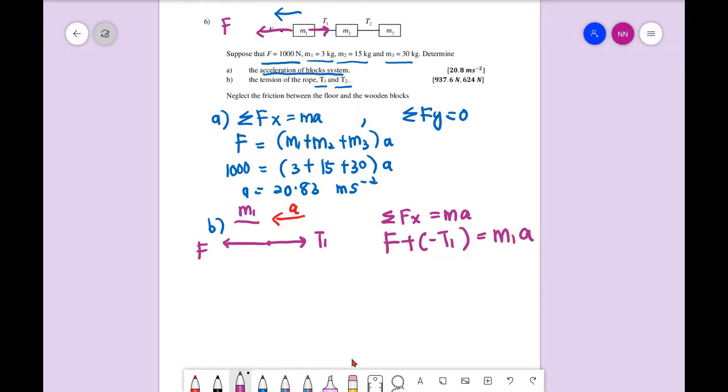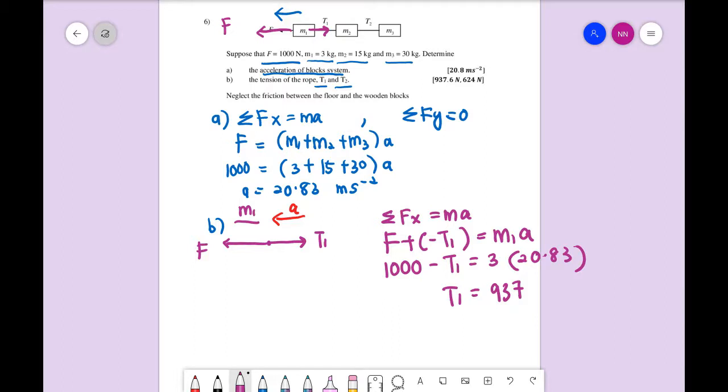So F is 1000 minus T1, the unknown, equals M1, which is 3 kg, times A, already calculated as 20.83. So T1 equals 1000 minus 3 times 20.83.